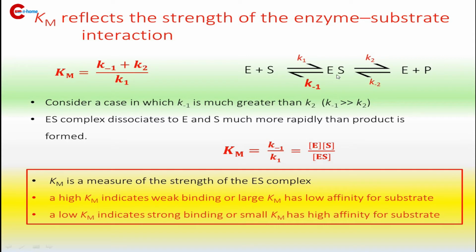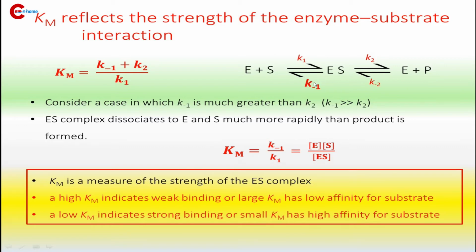It is where the enzyme substrate complex converts into product plus enzyme. So what happens if K minus 1 is greater than K2? The enzyme substrate complex dissociates into enzyme plus substrate more rapidly than product is formed.